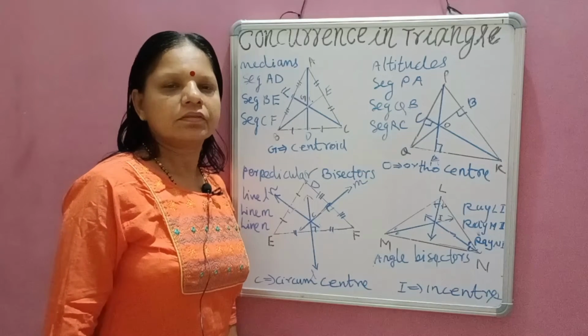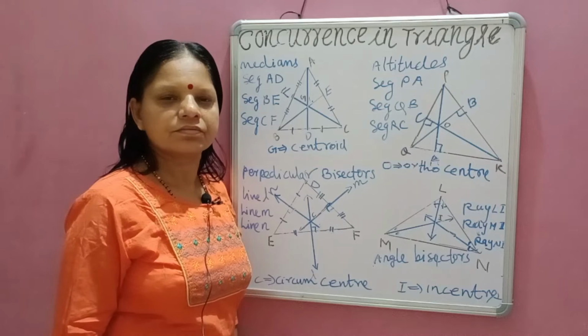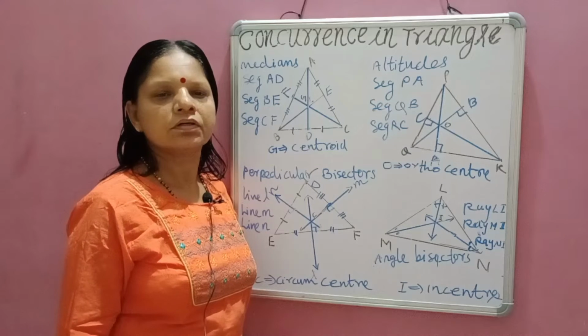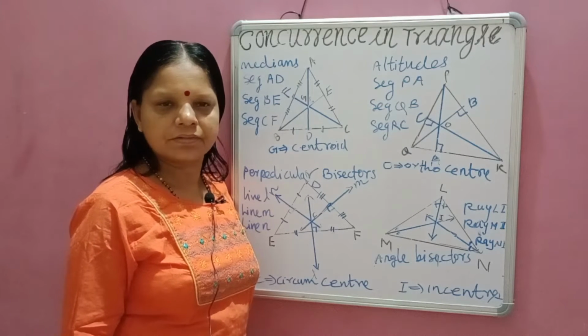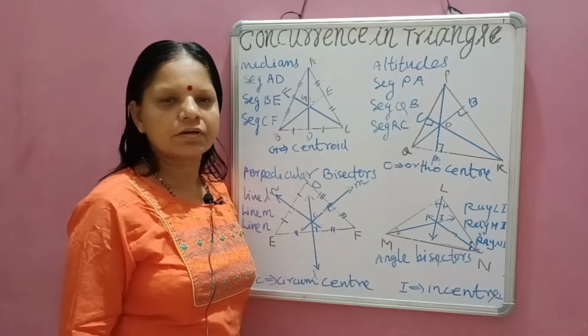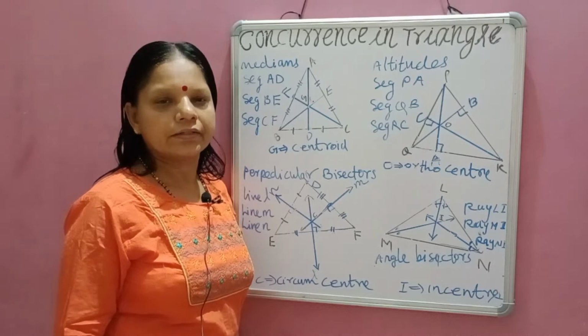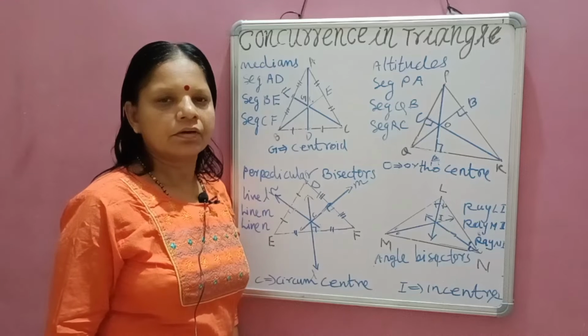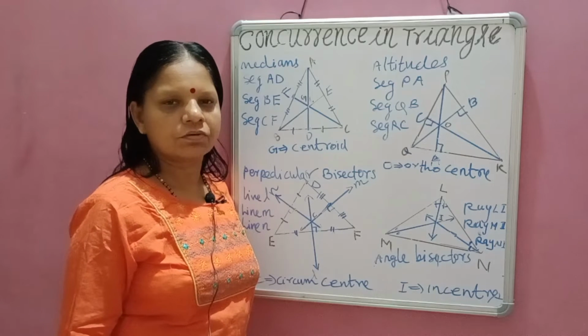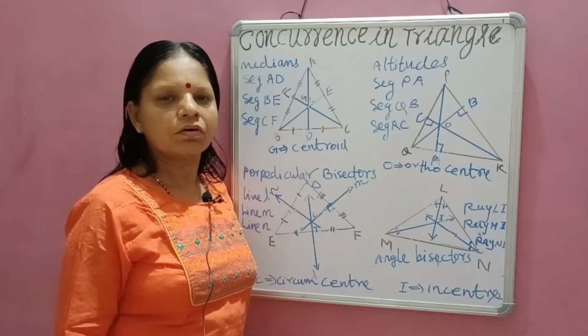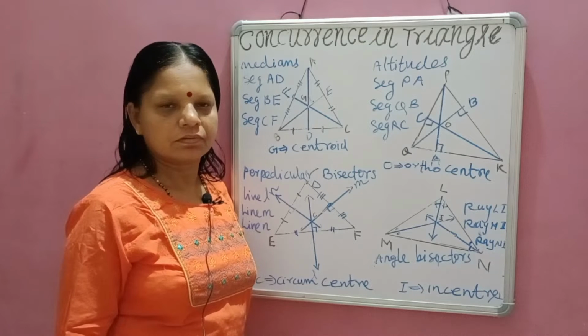When three or more lines pass through the same point, then the lines are said to be concurrent. And the common point is called point of concurrence.